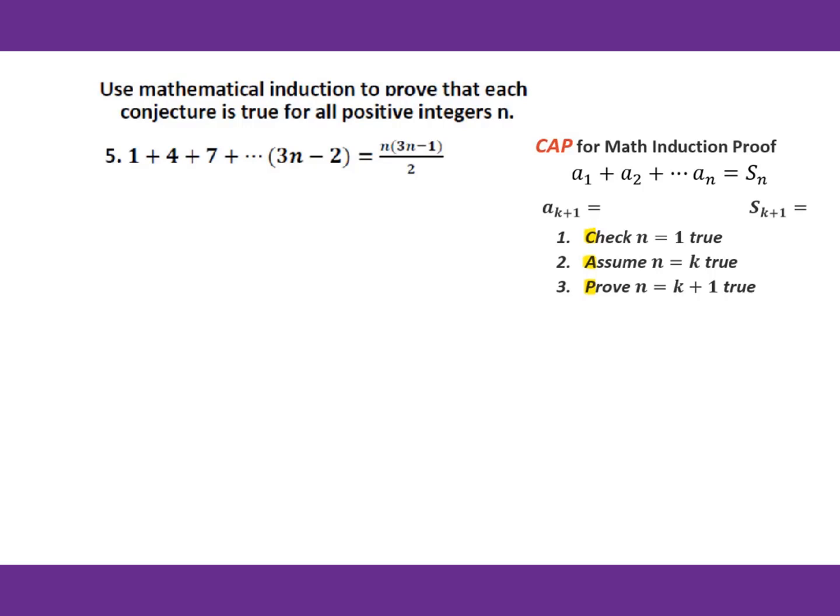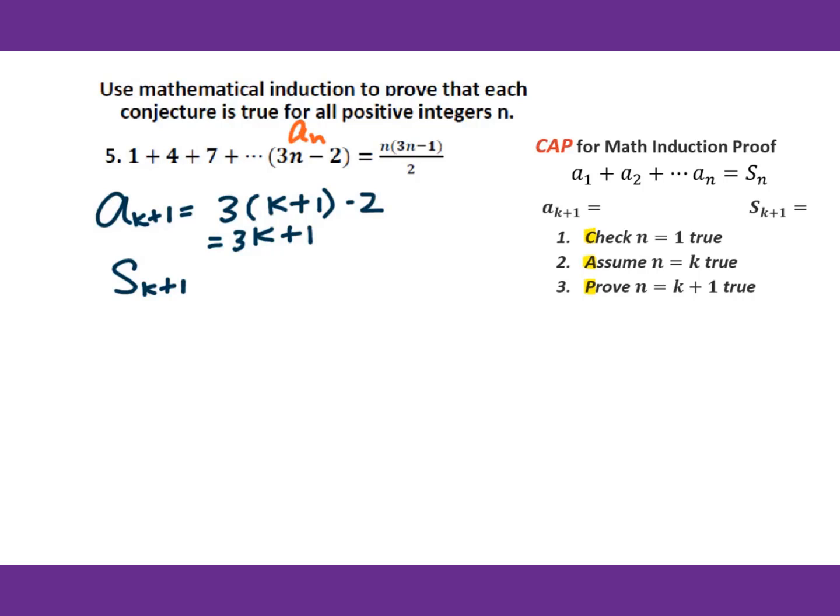For number 5, a sub k plus 1 equals 3 times k plus 1 minus 2. You will get 3k plus 1. For s sub k plus 1, we always assume this is a sub n, this is s sub n.